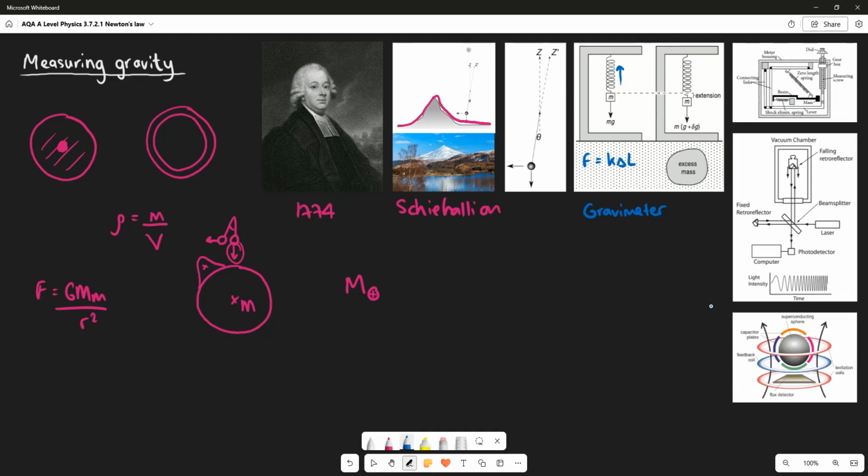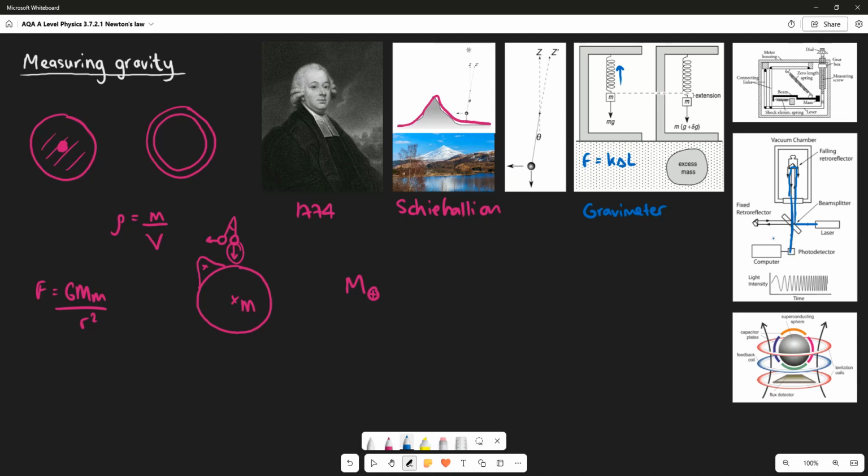More advanced gravimeters use falling masses. Here we have a laser, and that laser is shining a beam that goes to a reflector and then into a photodetector, and that path length is constant. The laser is split at the beam splitter and goes up here, hits the falling mass, and comes back down again to the photodetector.